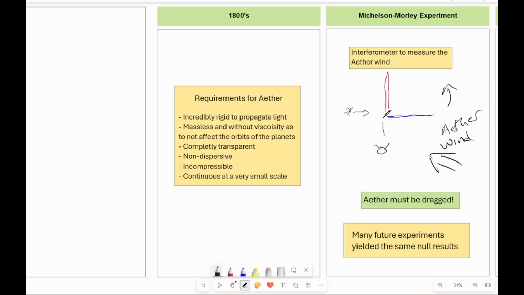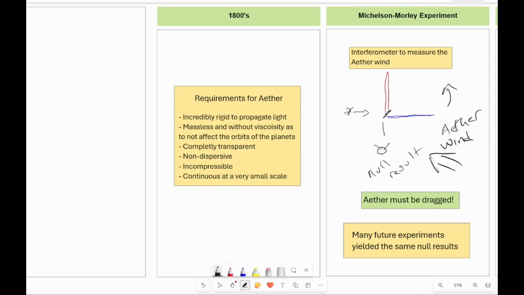And so we would see some sort of shifting in the interference pattern of the light. There was a null result here. And so that meant that Aether must be dragged along with Earth.